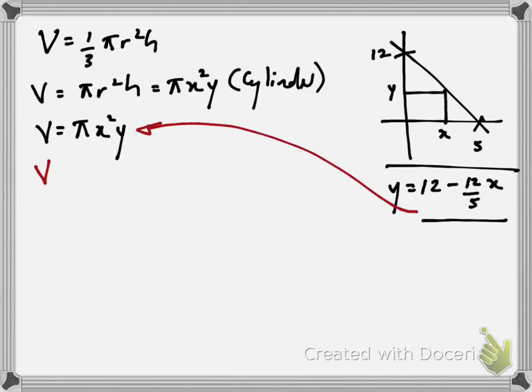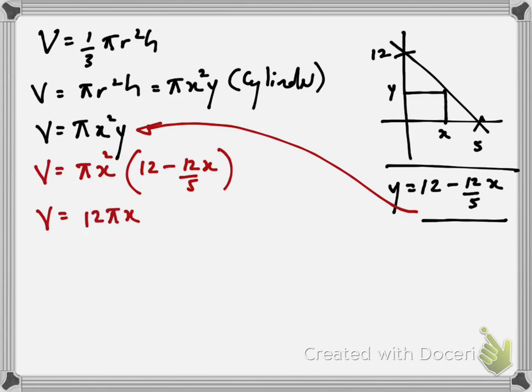So we end up with V equals pi x squared times 12 minus 12 over 5x. All right, let's expand. V equals 12 pi x squared minus 12 over 5 pi x cubed. So you get two variables in that function.